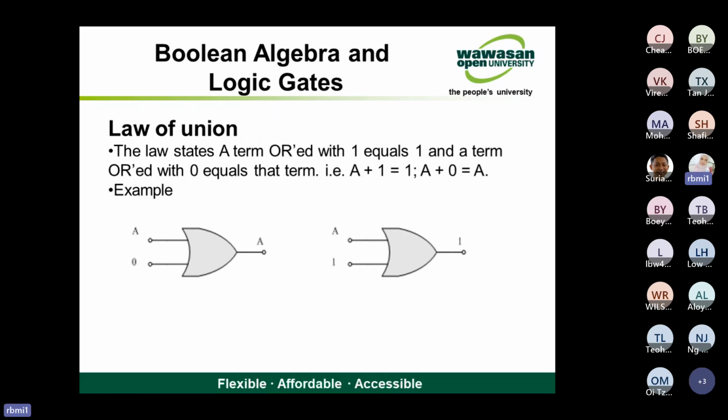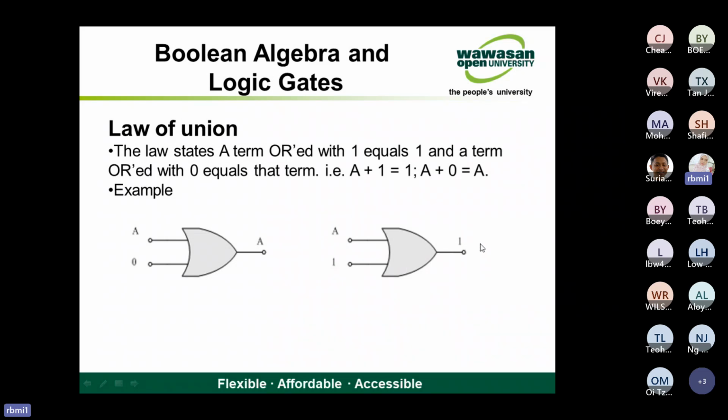Next we have the law of union. The law states that a term when we OR with 1 equals 1, and a term when we OR with 0 equals that term. If we have A and 0, then we get A. Remember, this is when we use OR gates, and this is when the other input is 1, so we get 1. If A is 0, 0 added with 1, we get 1. If 1 added with 1, we also have 1.